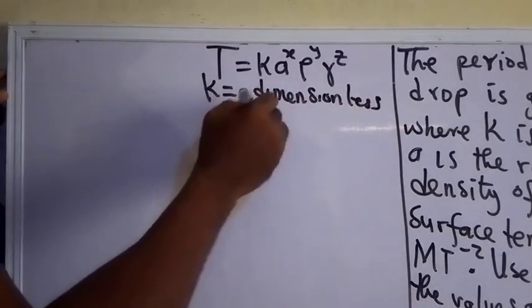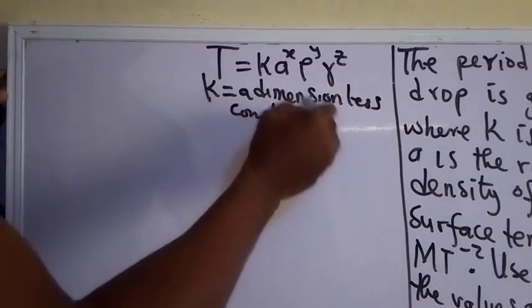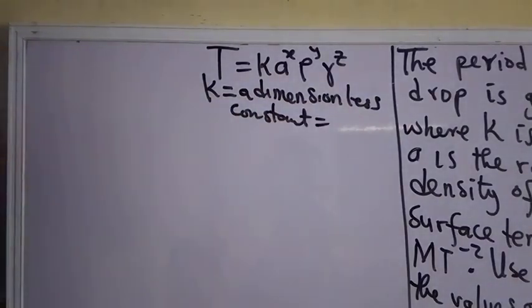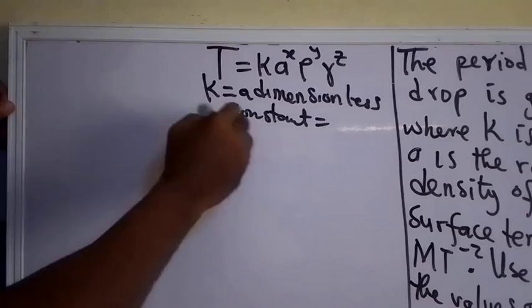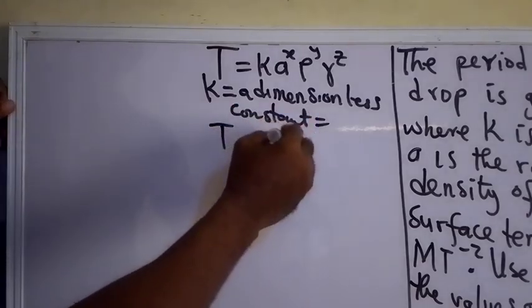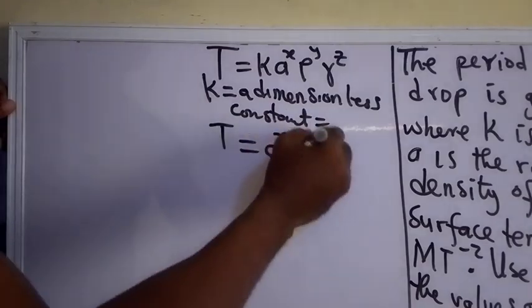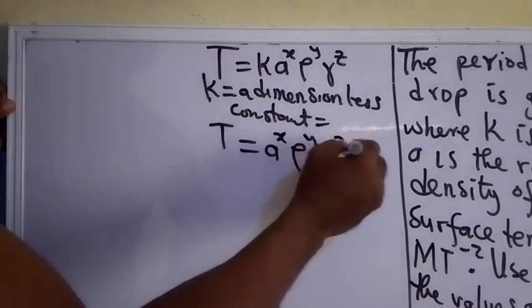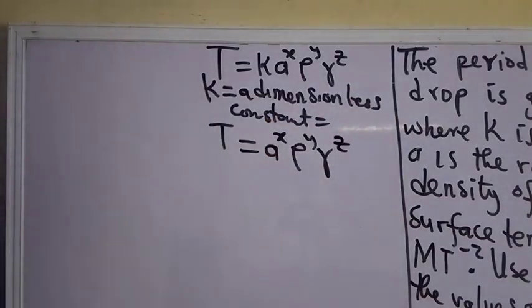It's a dimensionless constant. So when you have a dimensionless constant or a number in an expression, its dimensional component is just 1. So what that means is we can easily write this as A raised to power X, rho raised to power Y, and tau raised to power Z, because K does not contribute in this expression.